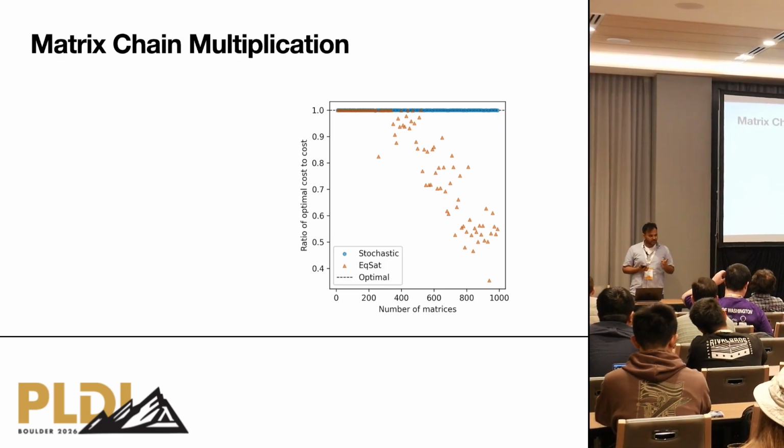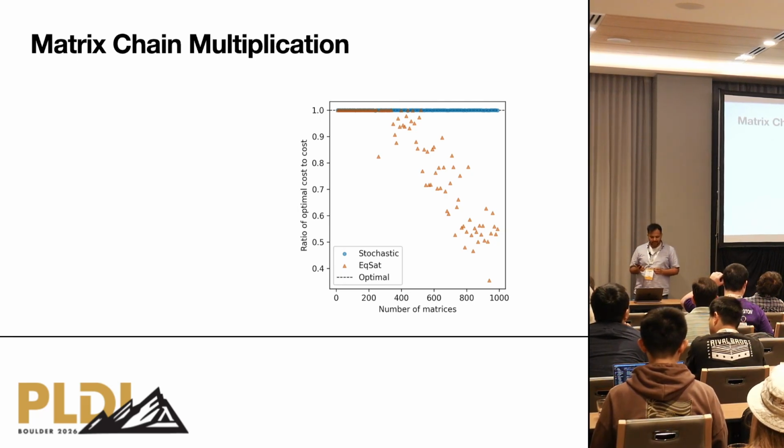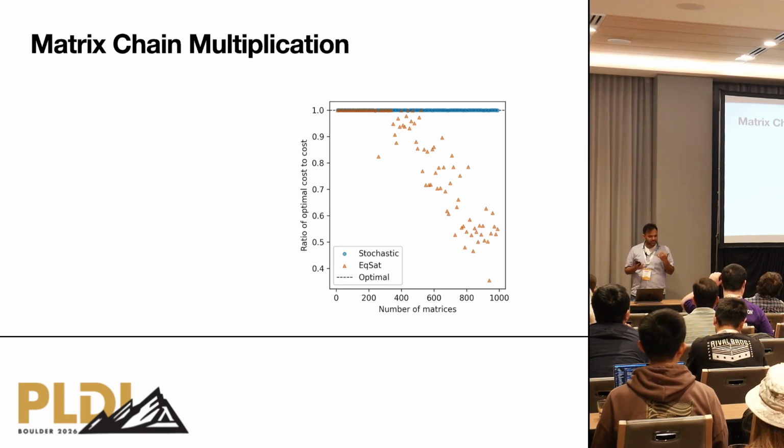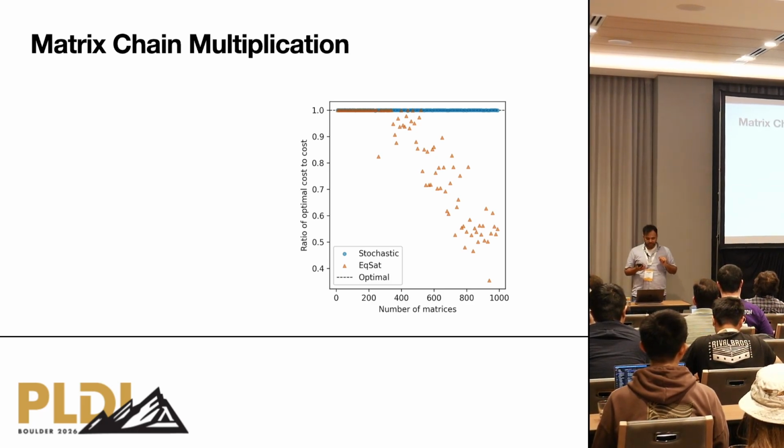Stochastic search does well and stays almost close to optimal throughout all the test cases, because it is cost guided. Every time stochastic search makes an association that drops the number of scalar multiplications, the search is reinforced in that direction. And so it can just hill descend to the optimal solution.